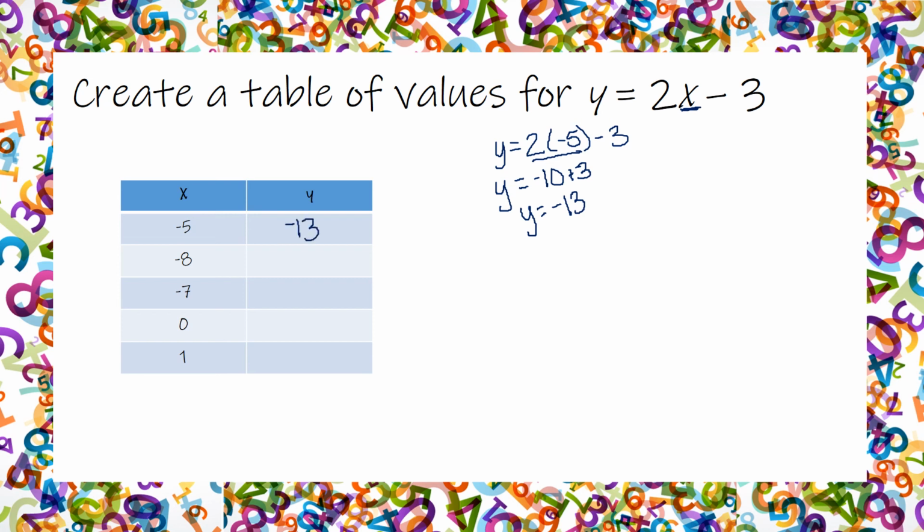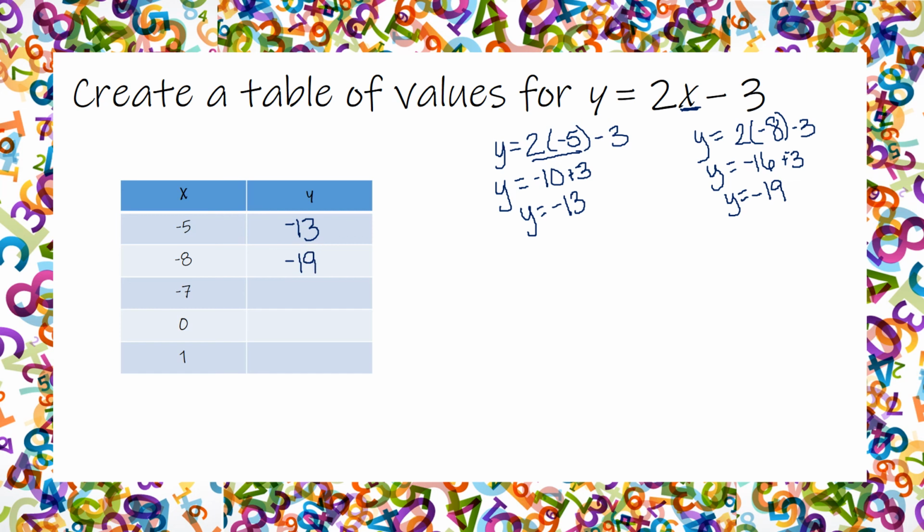I'm going to do the same for the next one. y equals 2 times my x value, which is negative 8, minus 3. So 2 times negative 8 is negative 16, minus 3, or plus negative 3. That gives me negative 19.